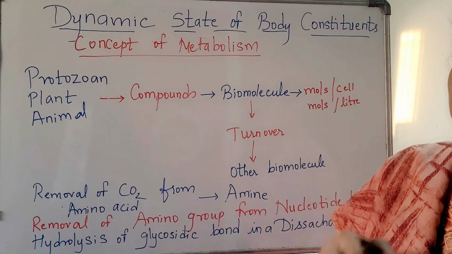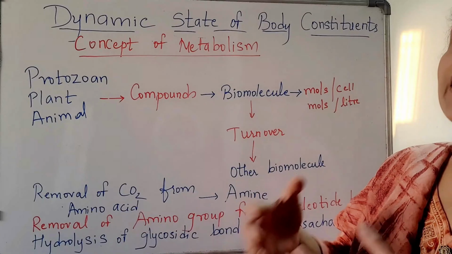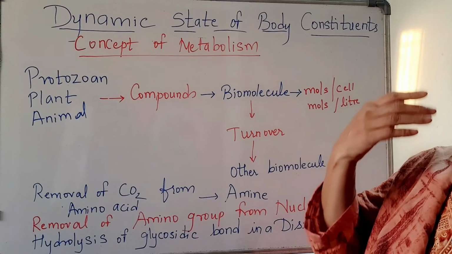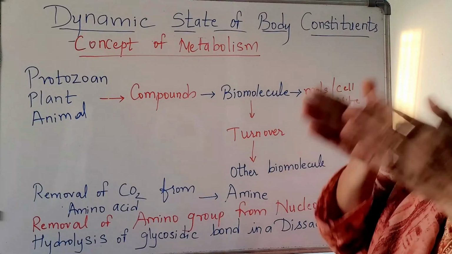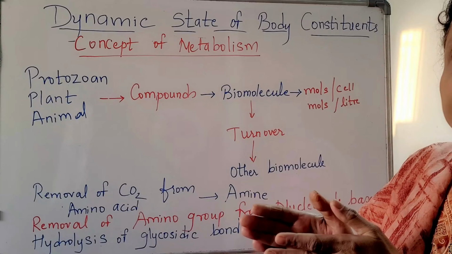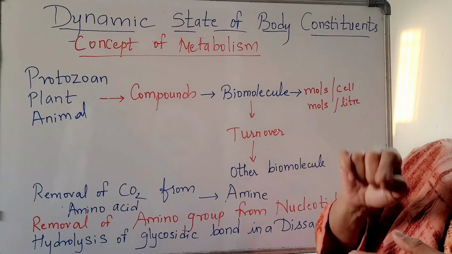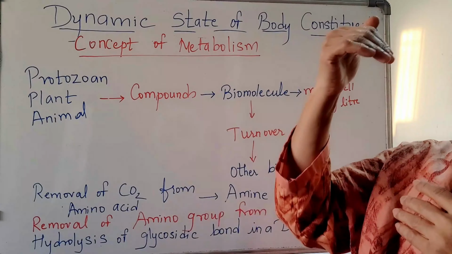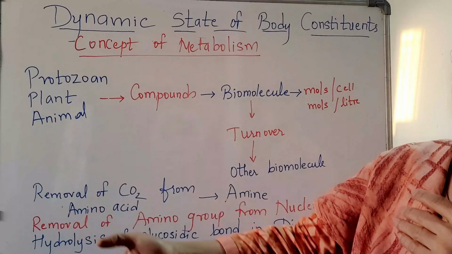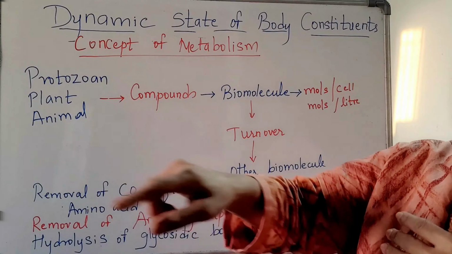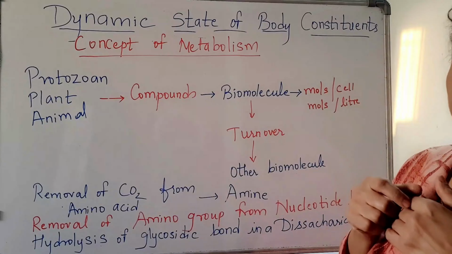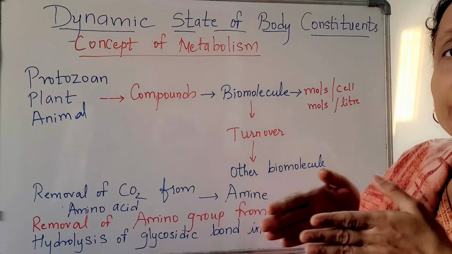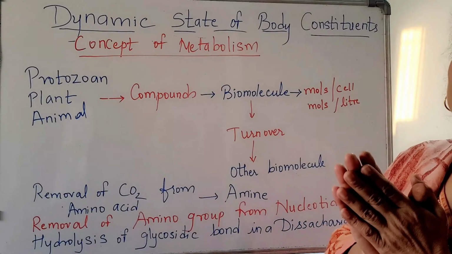The body constituents are the metabolites formed by the chemical reactions taking place continuously, following a definite path, and they are interlinked. There is a junction where the reaction is the same, they meet at a junction and then change over to another pathway. So the path is linear and circular, which forms the junction. There is continuous chemical reaction taking place. There is a metabolic pathway which is linear and circular.